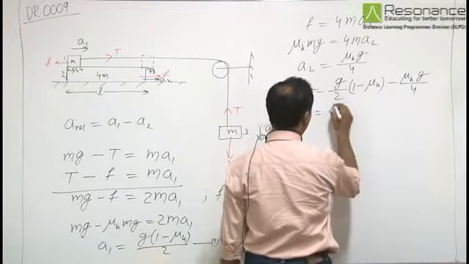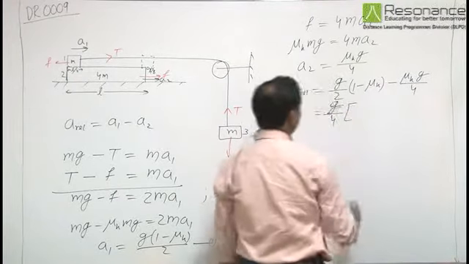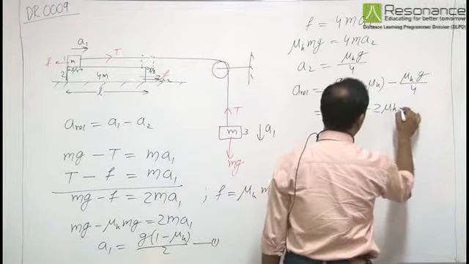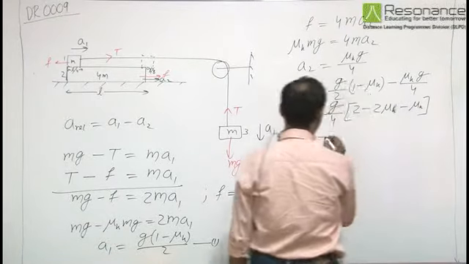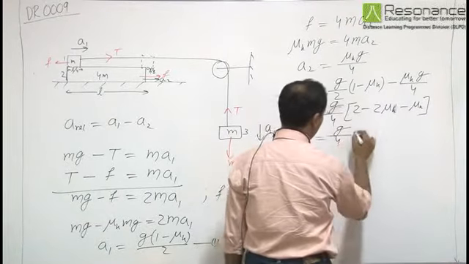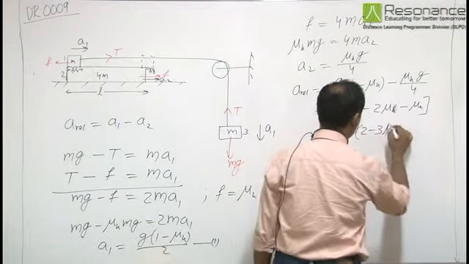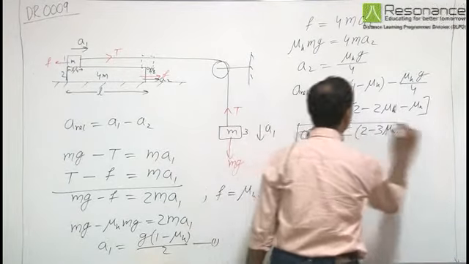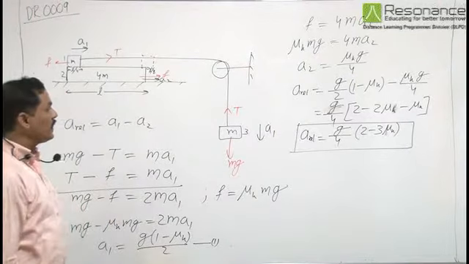If I take g by 4 common, then it is 2 minus 2 mu k minus mu k, or g by 4 into (2 minus 3 mu k). This is the relative acceleration of block 1 with respect to block 2.